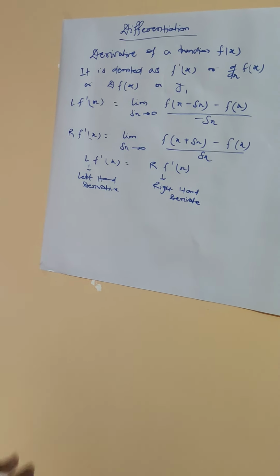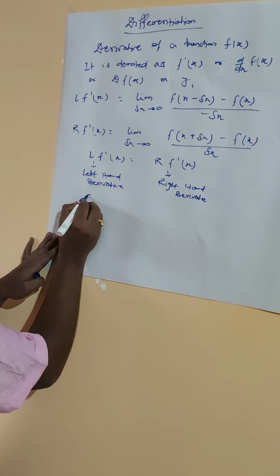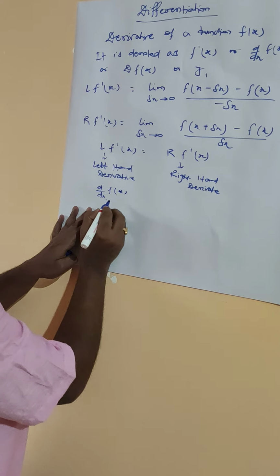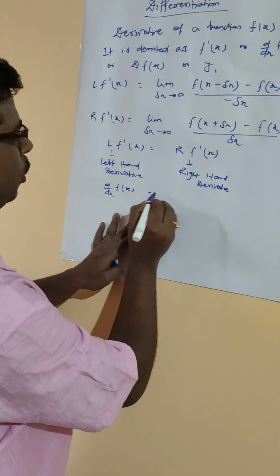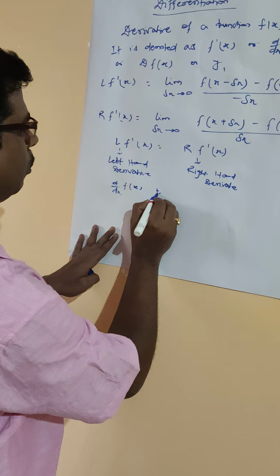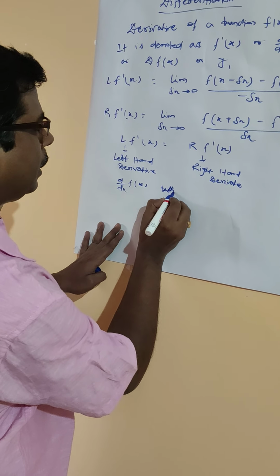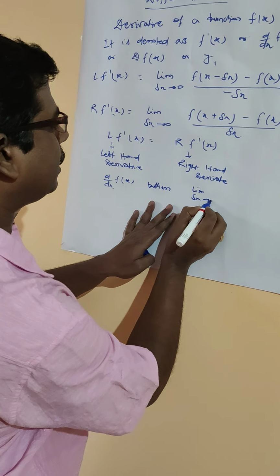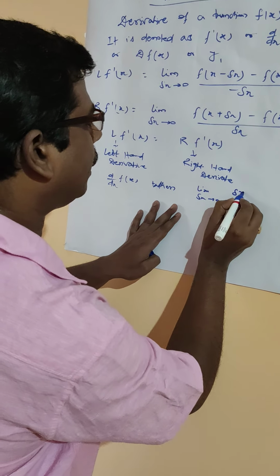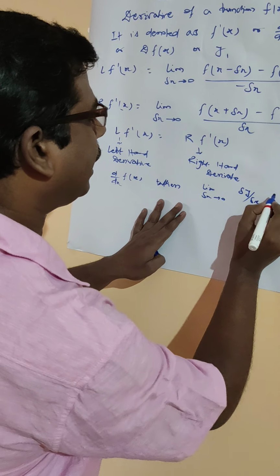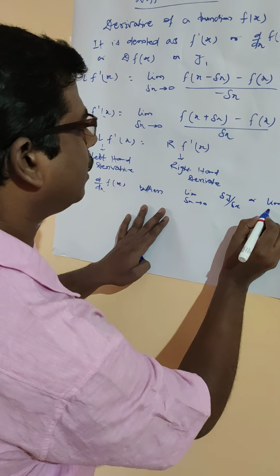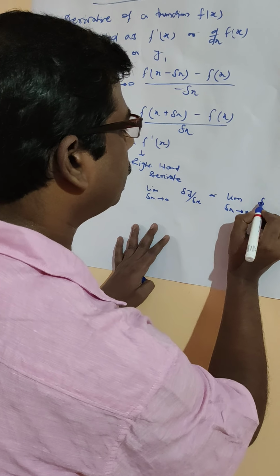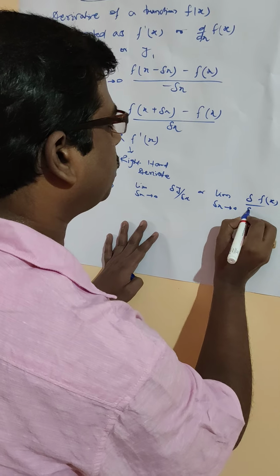This is also defined as d by dx of f of x. Its geometrical meaning is limit delta x tends to 0 of delta y by delta x, or limit delta x tends to 0 of d f of x by dx.